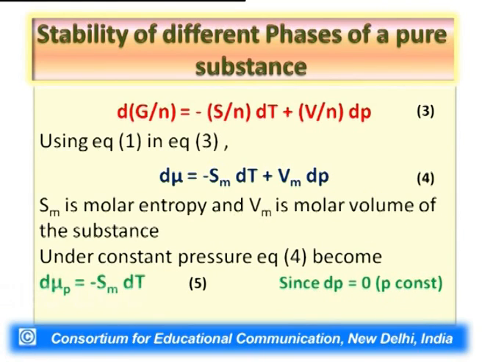Under constant pressure, there will be no change in pressure. If there is no change in pressure, then dP is 0, and the V dP term vanishes. So, d mu equal to minus Sm dT under constant pressure conditions.